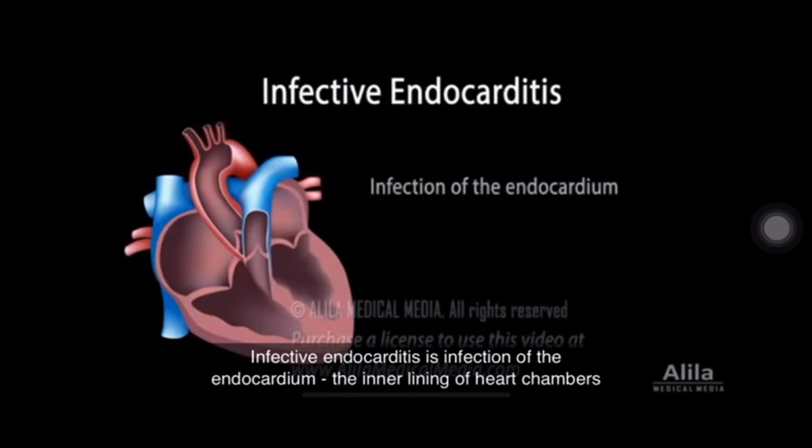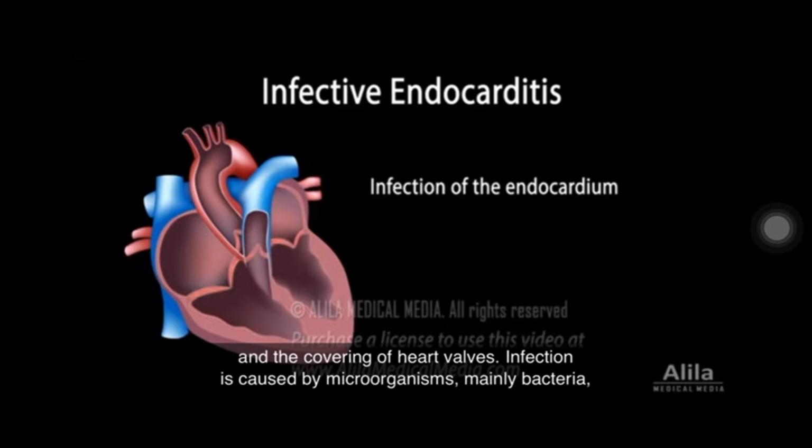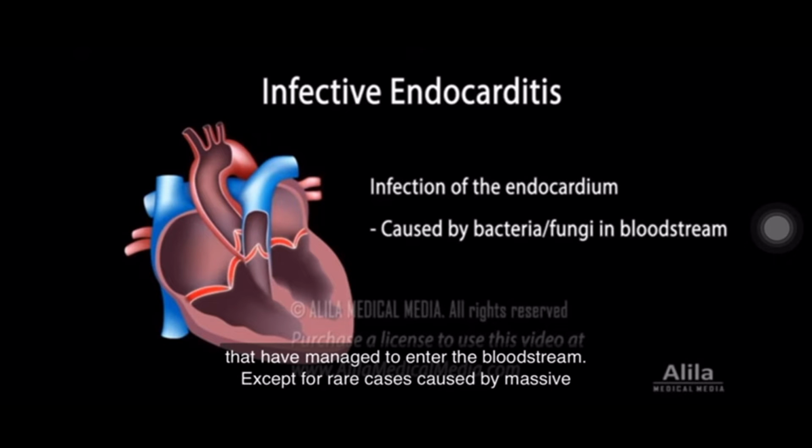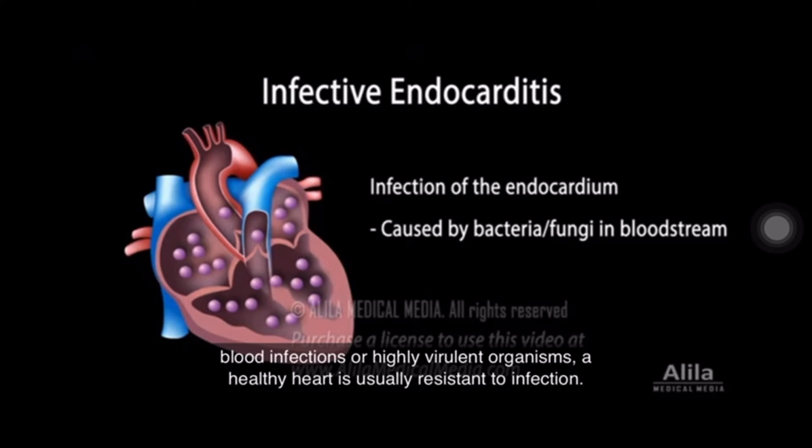Infective endocarditis is infection of the endocardium, the inner lining of heart chambers and the covering of heart valves. Infection is caused by microorganisms, mainly bacteria, that have managed to enter the bloodstream. Except for rare cases caused by massive blood infections or highly virulent organisms, a healthy heart is usually resistant to infection.